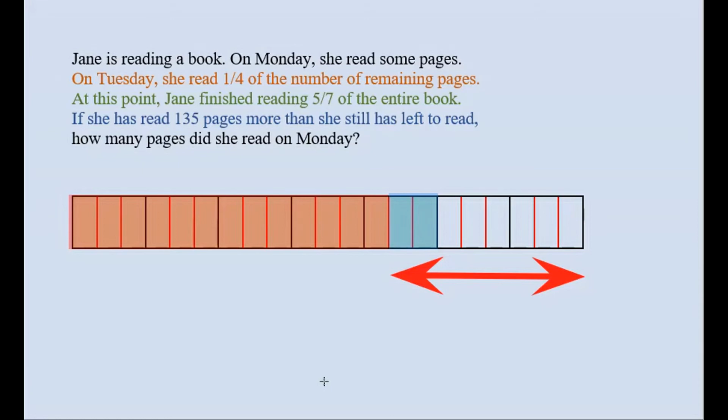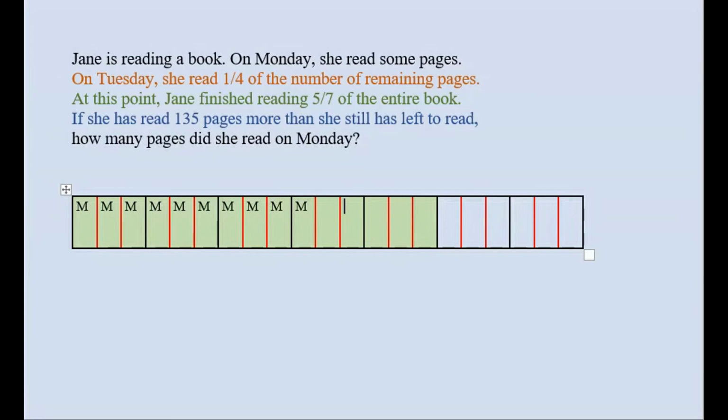Now, I'm going to erase some of this writing. I'm going to call it M for Monday, and T for Tuesday.